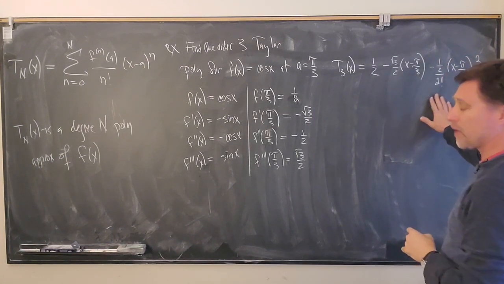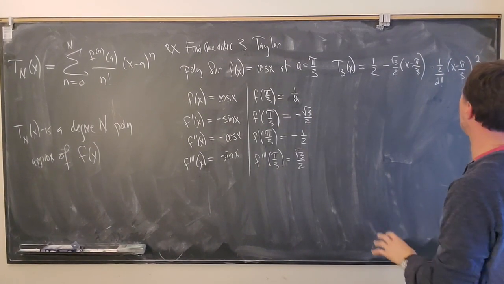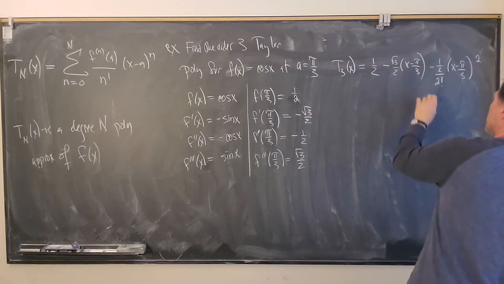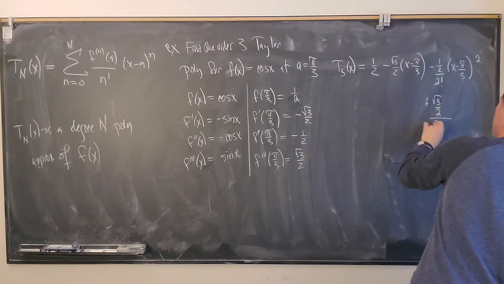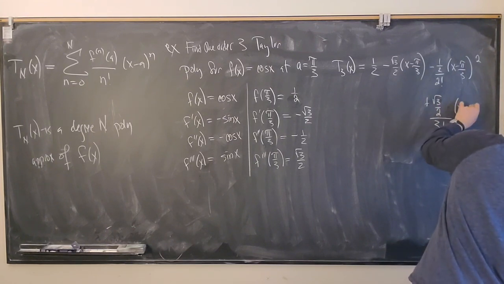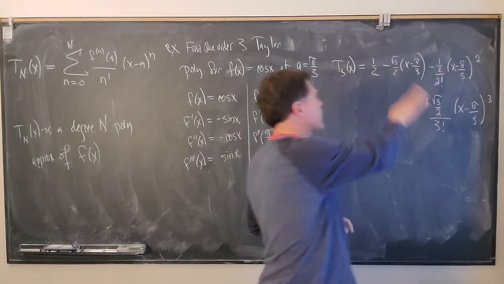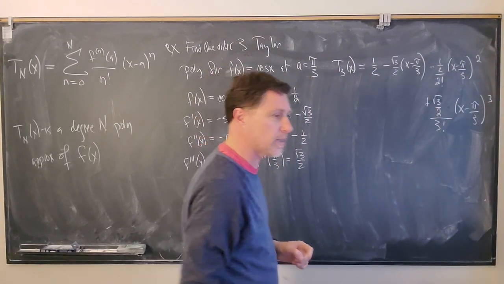And then I'm going to write the last term down here: plus root 3 over 2 divided by 3 factorial times x minus pi over 3 cubed. Okay, so here's the initial setup, and then I want to make things look a little bit nicer.